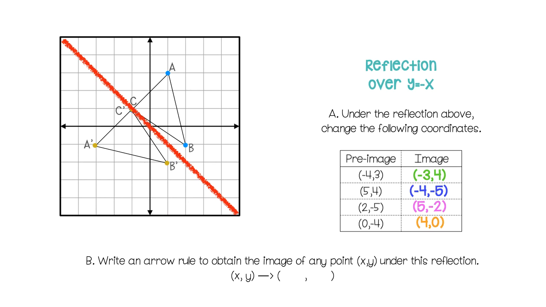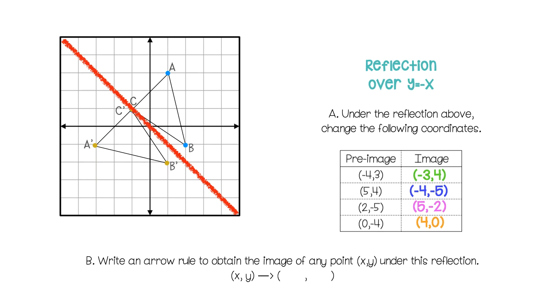Okay, to -5. I see that's 5, -2. Again, they're changing places, and the signs are both opposite of what they were. 0, -4 to 4, 0. Again, they switched places, and the signs are opposite.